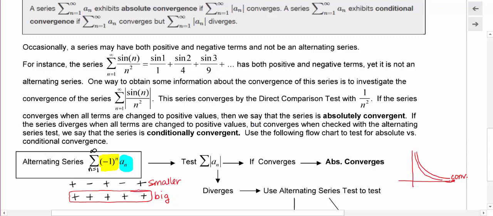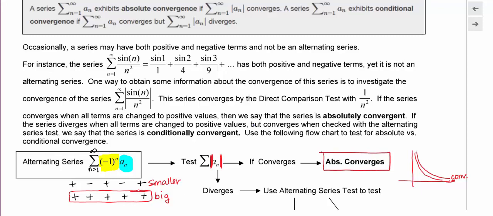So if I look at that positive series, if I just drop the alternating condition, taking the absolute value, and that converges, I say that it will absolutely converge, which means both the positive series and the alternating series converge.